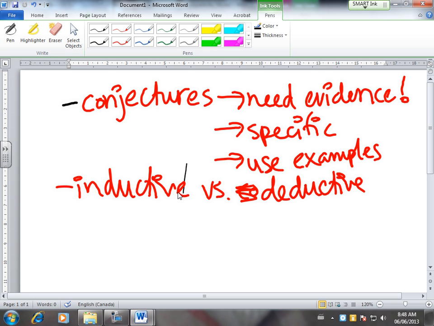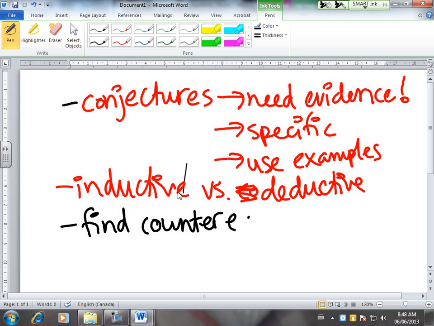So that's inductive reasoning. Again, look for patterns. A lot of the times if it seems like it's too obvious, it's not too obvious. We're just trying to get you to think logically. So that rain question, just look for patterns in order to make a conjecture. And remember that we're always trying to find counterexamples. Counterexamples are an example that does not fit your conjecture.